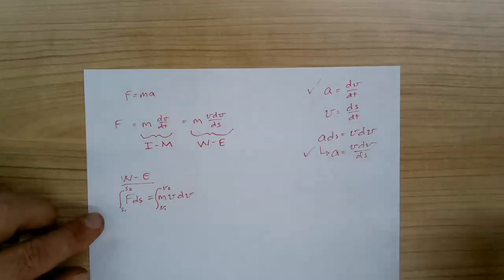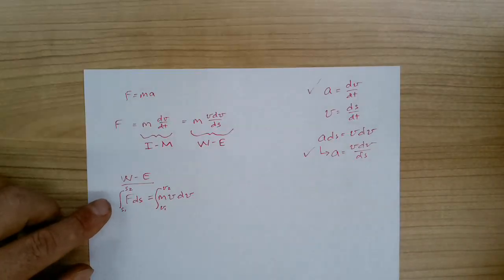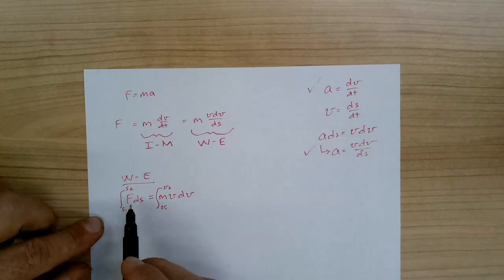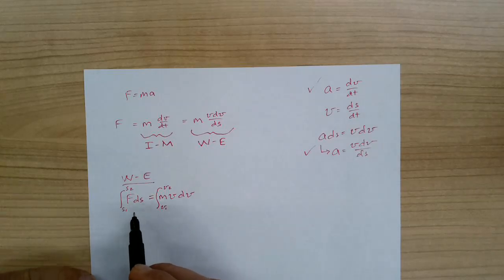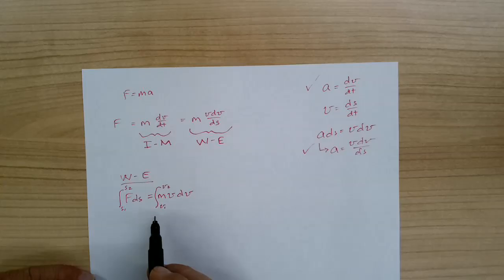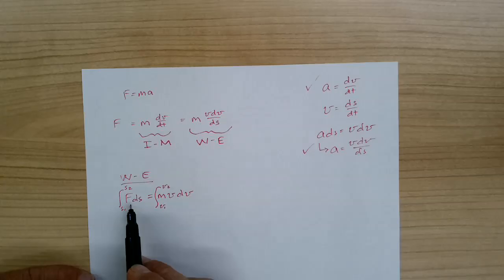The left-hand side of that equation is our work, that's a definition of work. Sometimes we use the letter U to represent it. The right-hand side is our kinetic energy. And so when I integrate that, I don't really want to integrate this now.